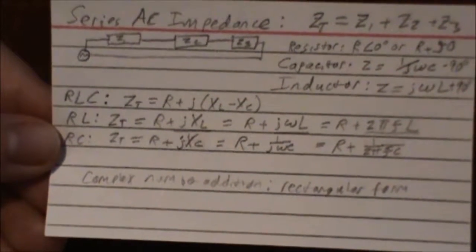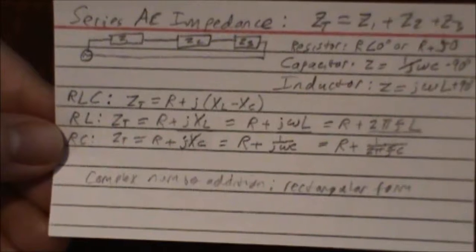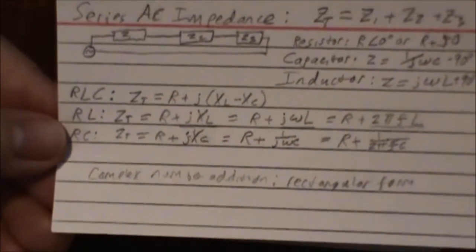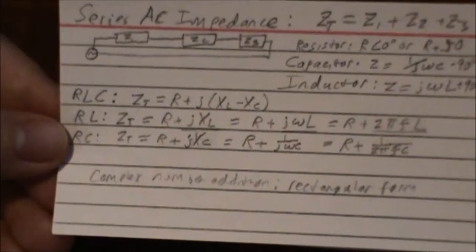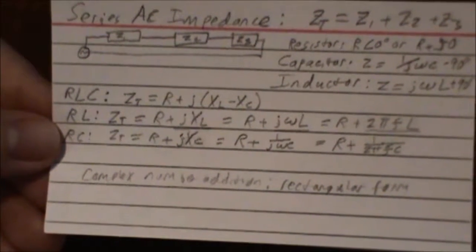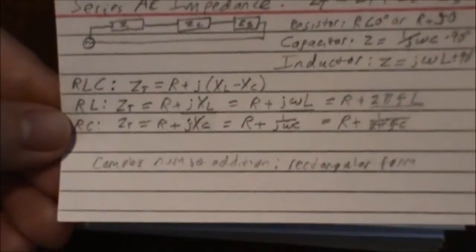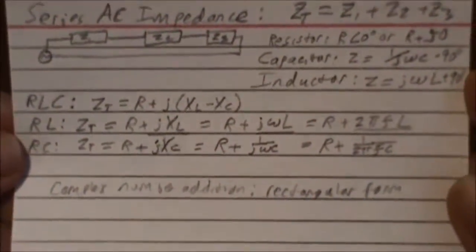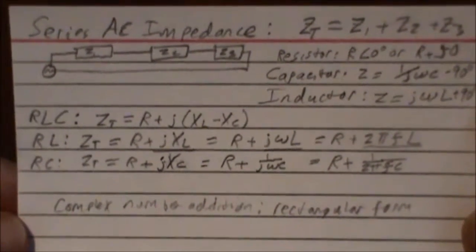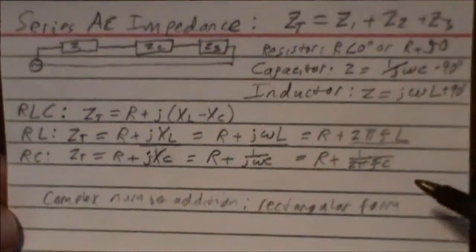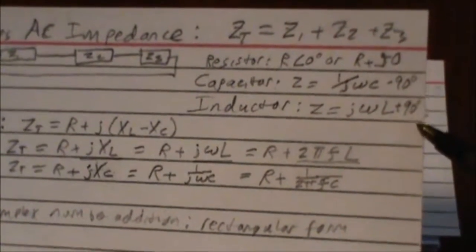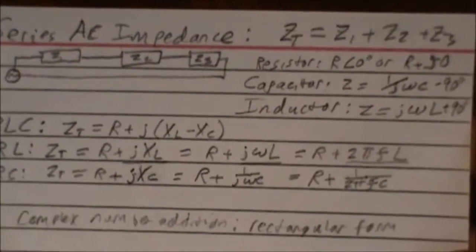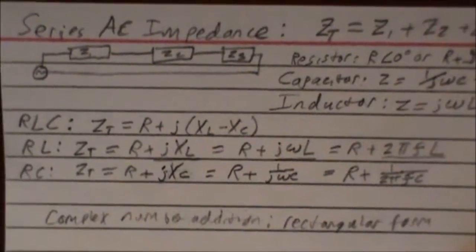And then ICE, I-C-E, this is current leading the E for the capacitors. But that has to do with phase shifting, and I might have that in another card. But ELI the ICE man, you can Google that. That has to do with phases, which are definitely a factor because they have to do with how many degrees apart they are on your oscilloscope when you're testing and measuring such things.